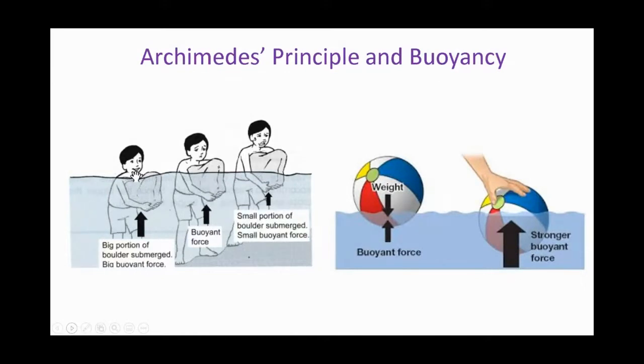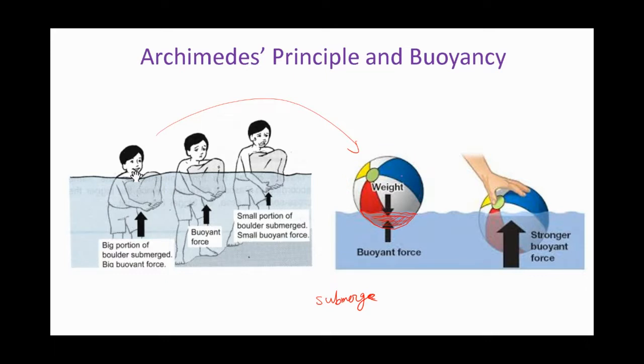What is buoyancy? Let's say you play football, and maybe you throw the ball in a pool. What happens to the ball when you throw it in the water? As you can see here, the lower part of the ball will be submerged يغمر under the water, while the rest of the ball will be outside the water.